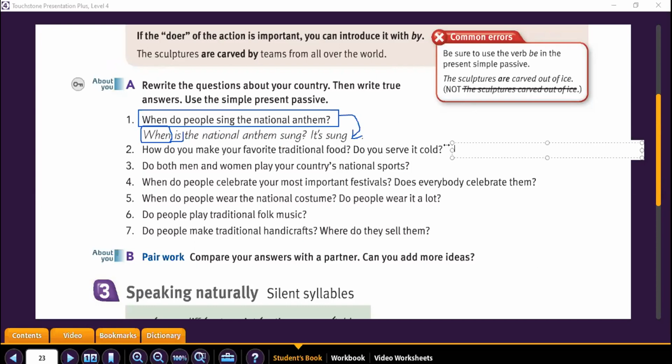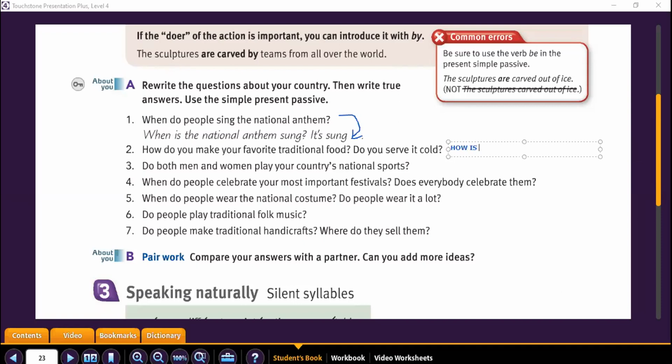Vamos. Vamos a mantener la misma pregunta, la misma palabra de pregunta que tenemos ahí. ¿Cuál es? How, ¿no es cierto? Tenemos how. ¿Qué más sigue? El auxiliar, el verbo to be. ¿Cómo sería? How is the national?